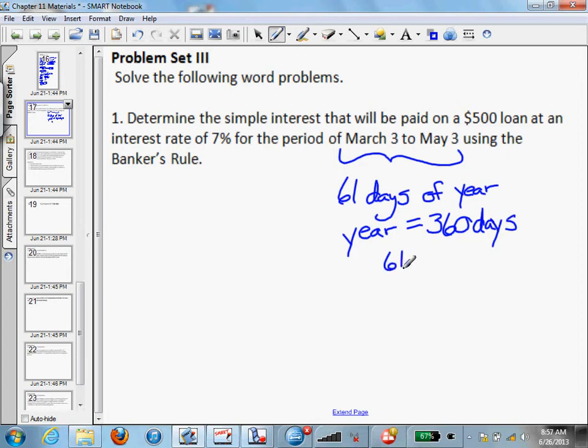So that builds the fraction 61 over 360, which gives us the fraction that we're going to use for the time.